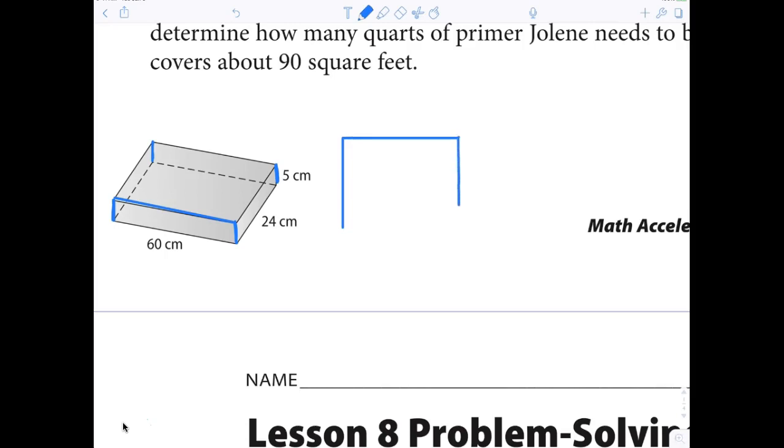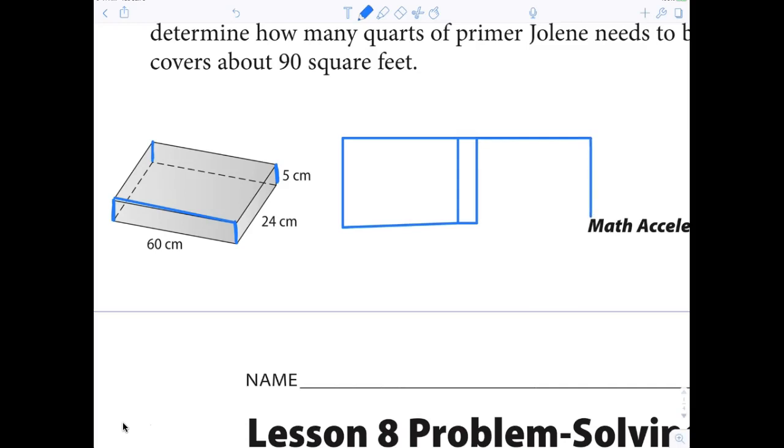All right, when I lay it flat, does everybody agree this will be the top part? Can everybody see that? Then this will be one of the walls. Does everybody agree with that? And then this part right here will be the what?